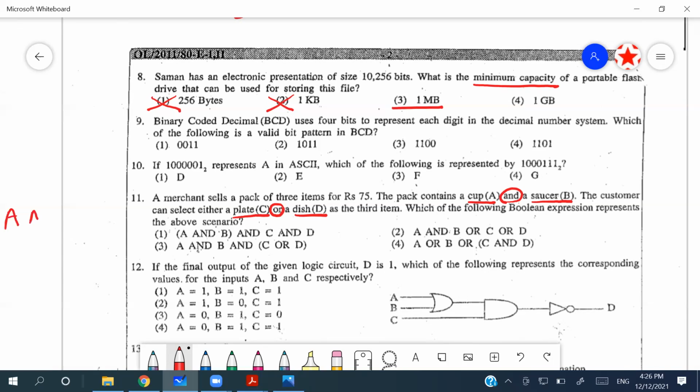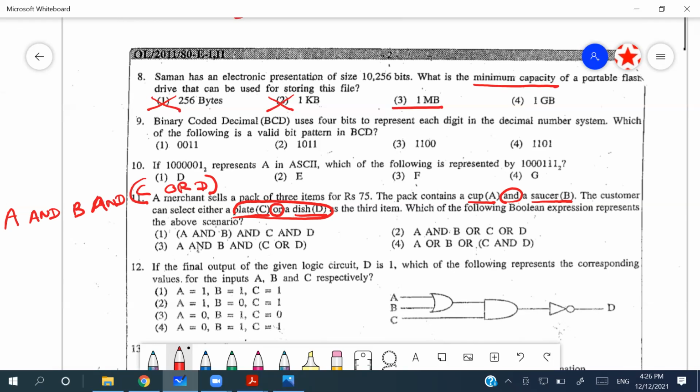So A and B, because both things are needed. And with that, another AND, and one of these things, that means C or D. And C or D should be within brackets. Right?